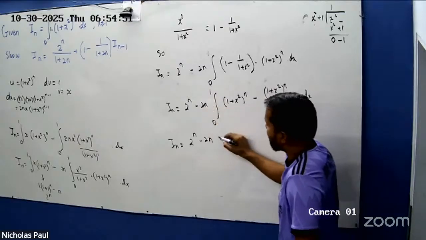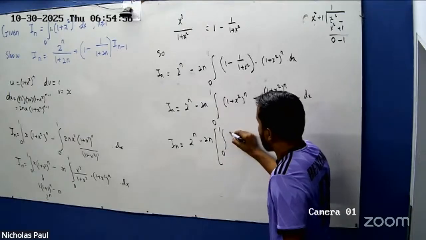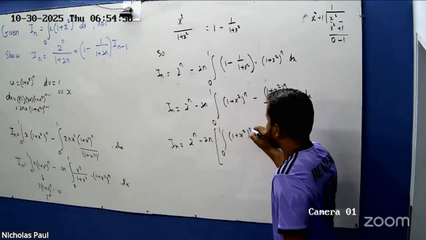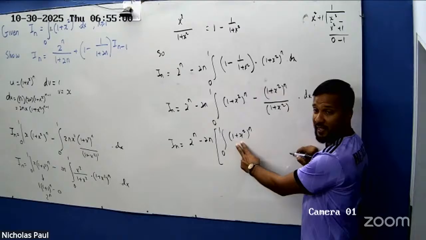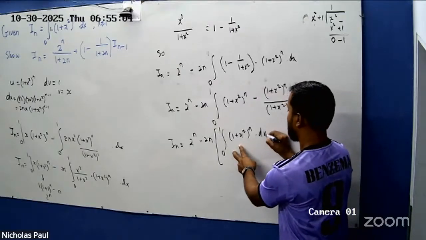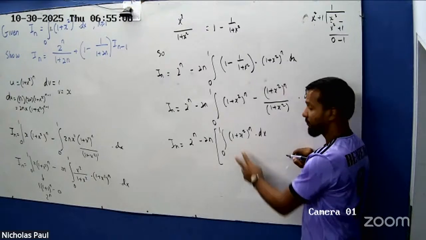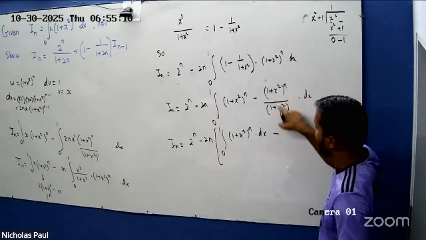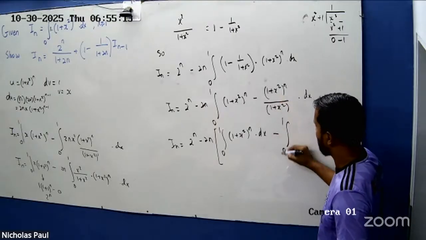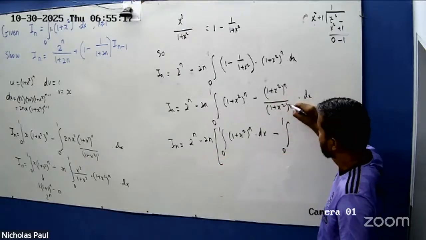Right? So I to the n is equal to 2 to the n minus 2 to the n. When I simplify this, I will get the integral between 1 and 0 of 1 plus x squared to the n. You recognize what this is here? It's I n, right? Minus, what will happen here? Well, that will get back what I started with. And this is to the power 1.